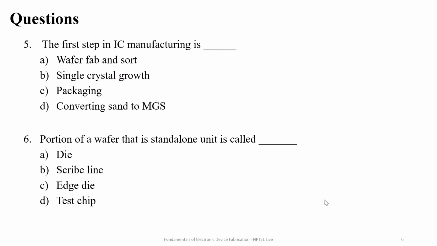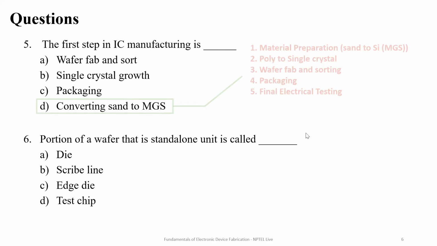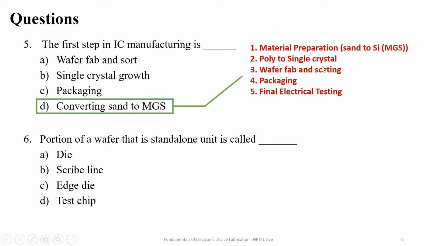The next question is, the first step in IC manufacturing is: wafer fabrication and sorting, single crystal growth, packaging, converting sand to MGS. Yes, that is the correct answer. Here the first is the material preparation step. We will be converting sand to MGS.